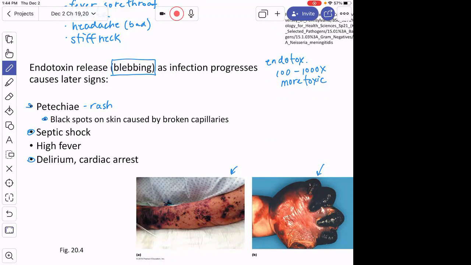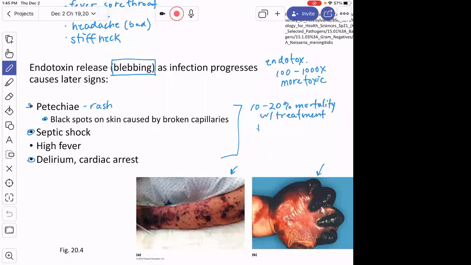What do we have here about chances of survival? Even with treatment, once you get to these symptoms, we still have a 10 to 20% mortality. We'll talk about the treatment in a minute.